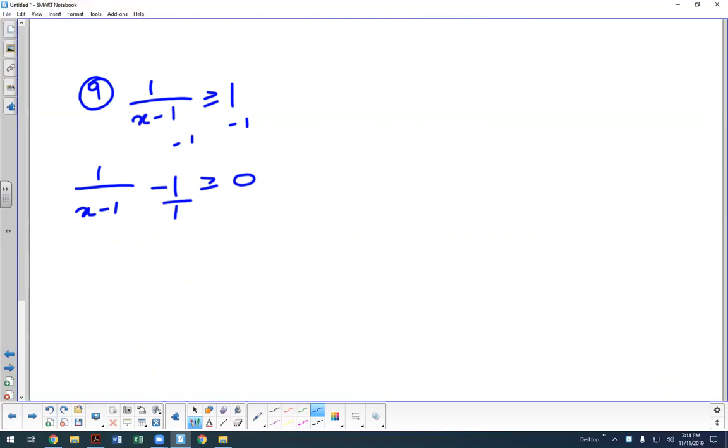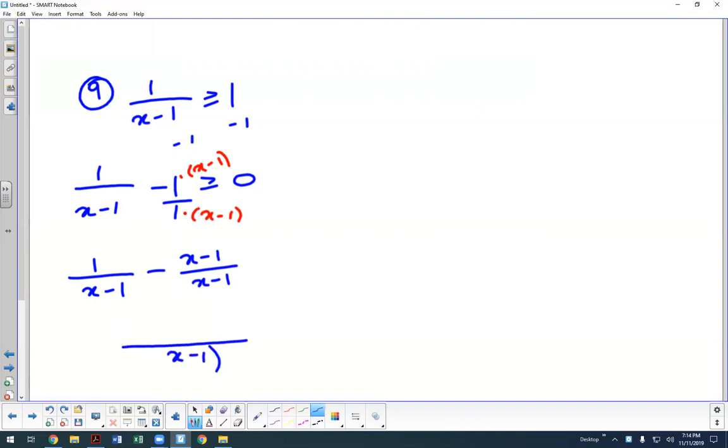So rewrite that guy as 1 over 1. We need to find a common denominator. Since this guy is x minus 1, I need to multiply these guys also with x minus 1. So first fraction stays the same, 1 over x minus 1. These guys here will now become x minus 1 over x minus 1. So using a common denominator, I now have 1 minus x minus 1.